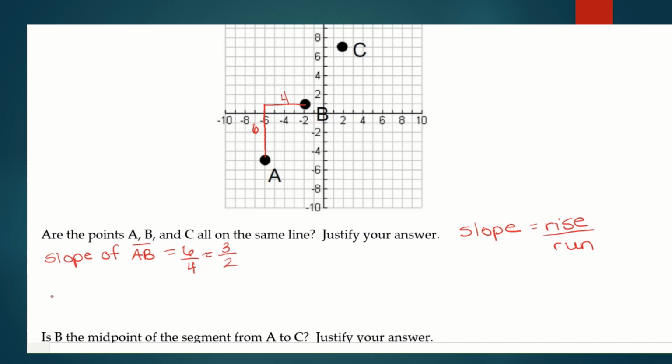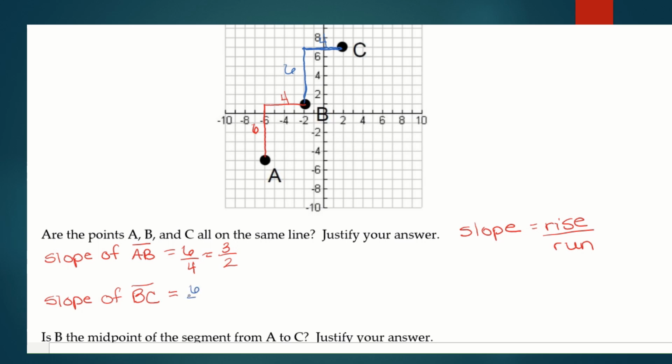All right, now let's find the slope of BC, or between points B and C. To go from point B up to point C, I'm going to rise 1, 2, 3, 4, 5, 6. And I'm going to run 1, 2, 3, 4. So look at that.